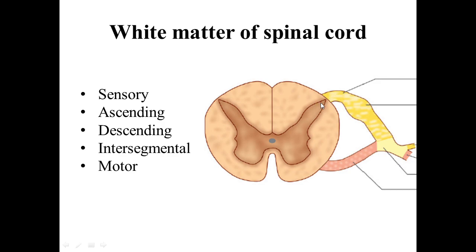Then the ascending fibers extend from the spinal cord to the cerebral cortex. Descending fibers extend from the cerebral cortex to the spinal cord level. Intersegmental fibers consist of both ascending and descending fibers. Motor fibers emerge from the spinal cord at the anterolateral sulcus.